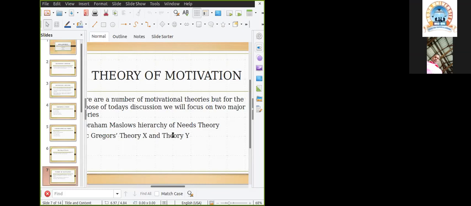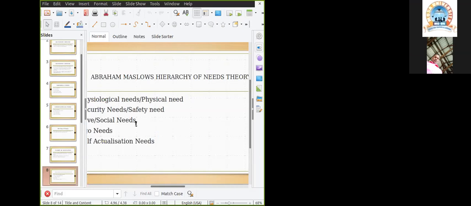So if you want to understand the rest of the motivation theories, first of all, you need to understand what Abraham Maslow's hierarchy of needs theory is all about. So let's look at it. What is it all about?